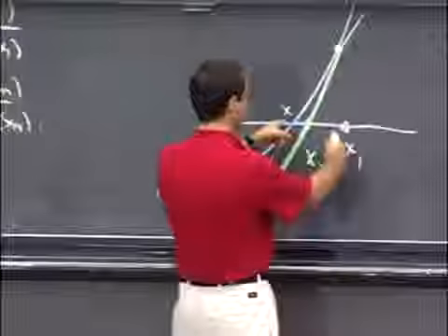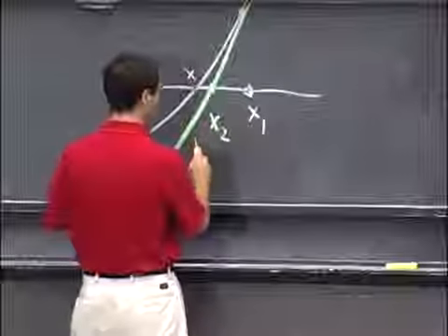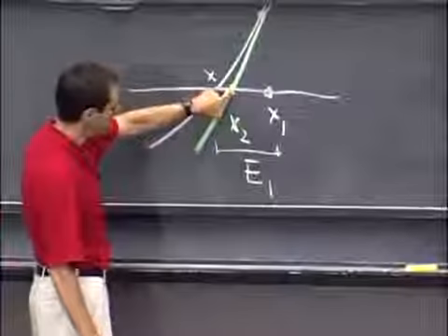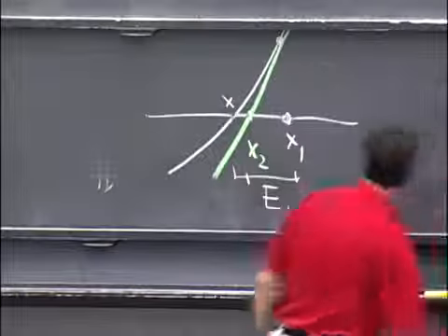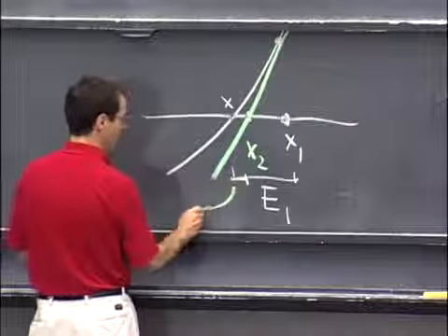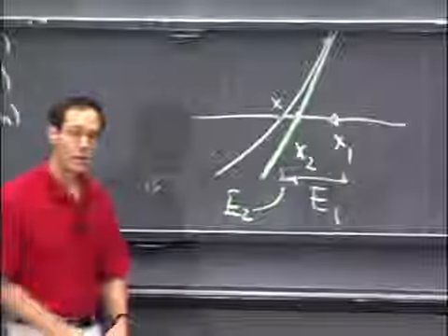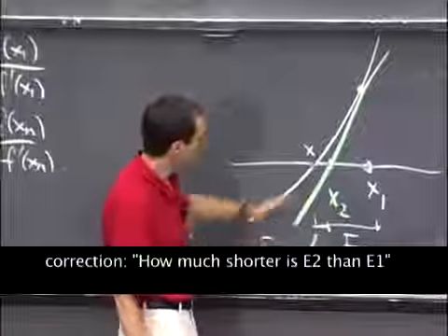So the first distance, again, this E1, is this distance here. That's the E1. And then this shorter distance here, this little bit, which I'll mark maybe in green, is E2. So how much shorter is E2 than E1? Well, the idea is pretty simple.